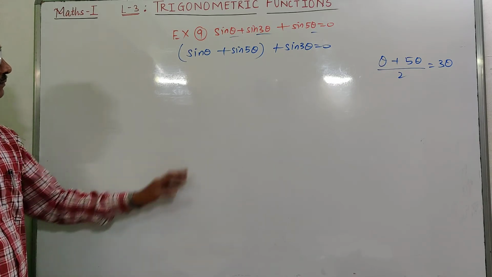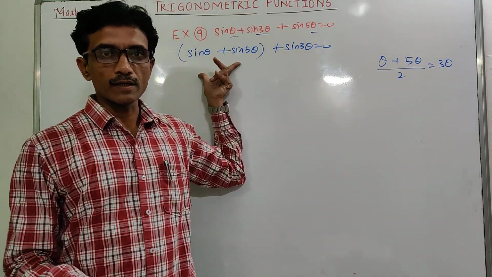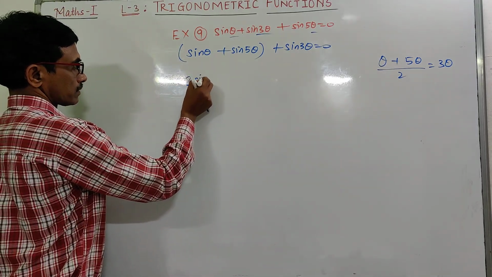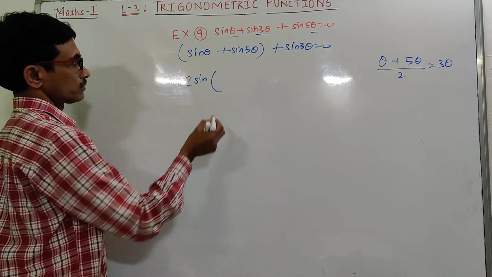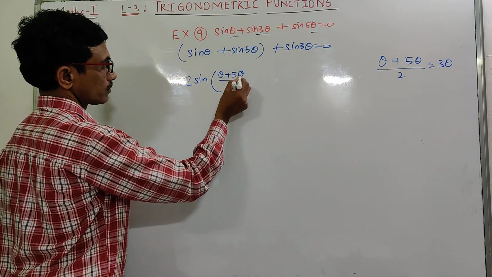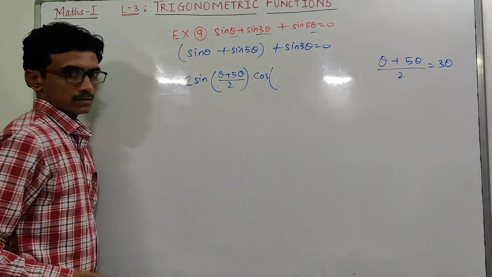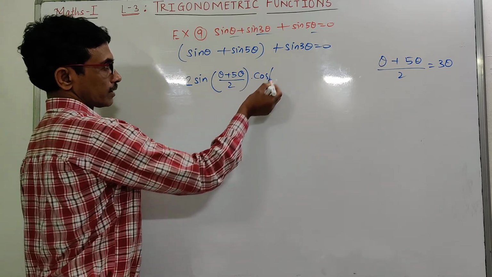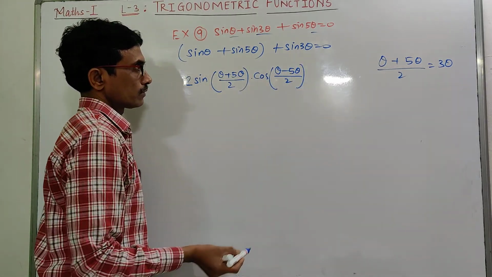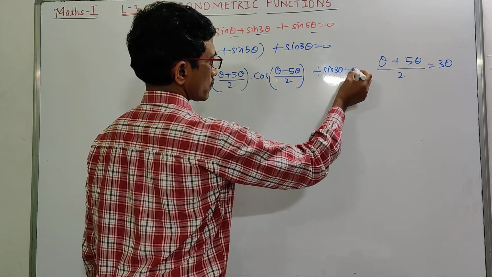Then we apply here the factorization formula: sin C plus sin D is equal to 2 sin of C plus D upon 2, that is theta plus 5 theta upon 2, into cos of C minus D upon 2, that is theta minus 5 theta upon 2, plus sin 3 theta as it is, equal to 0.